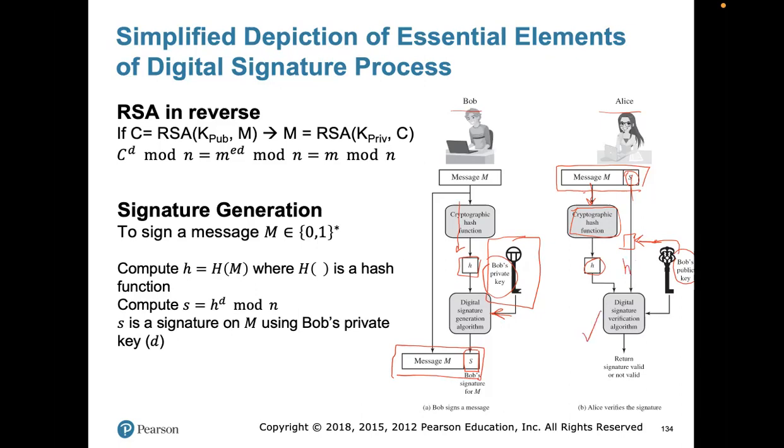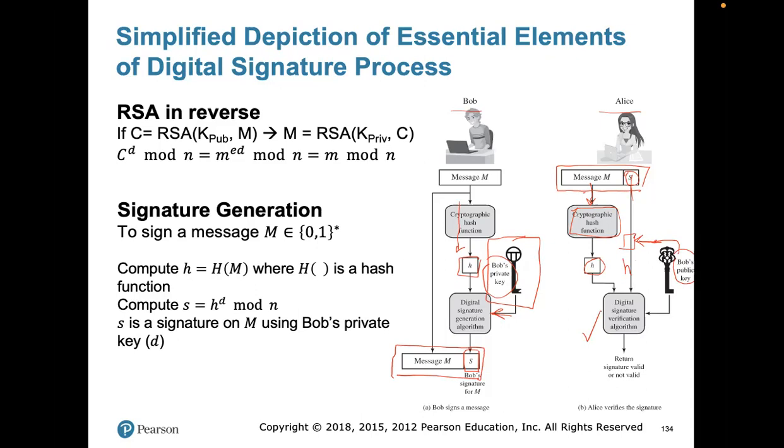If they are equal, if they match, it means that yes, this is right, the message was signed and sent by Bob, and also the message integrity is clean. Why?